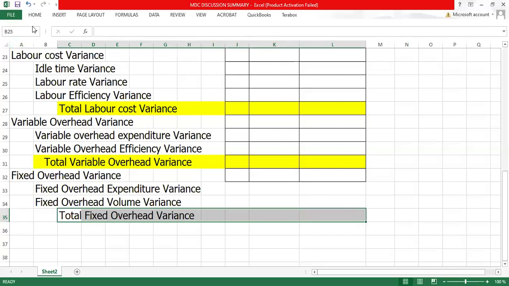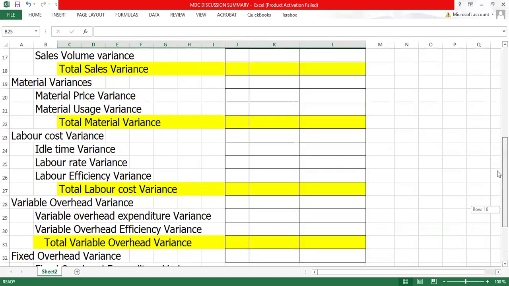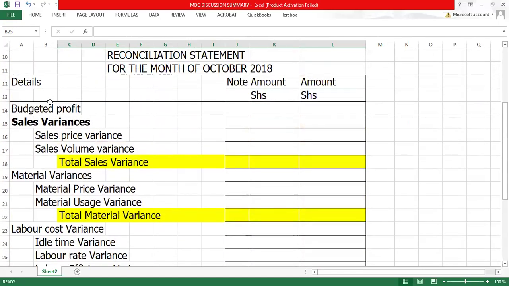If you have all these things, if you start from here, you get your budgeted profit, then you add or subtract depending on whether the figure is favorable or adverse. If a figure is adverse, then you'll be subtracting. If a figure is favorable, you'll be adding.